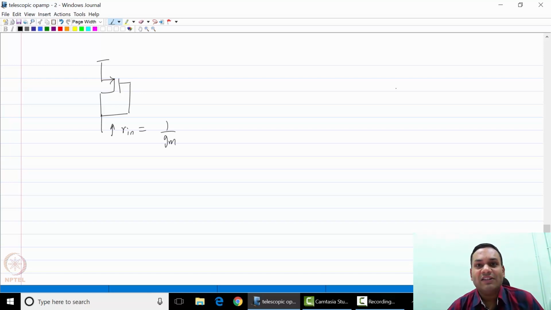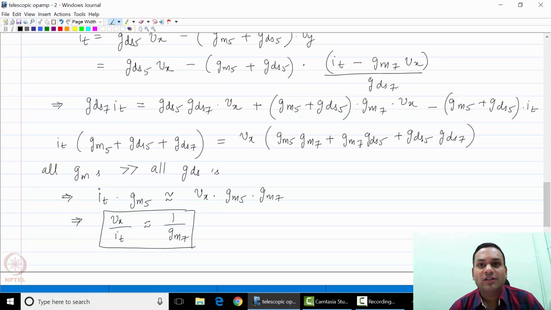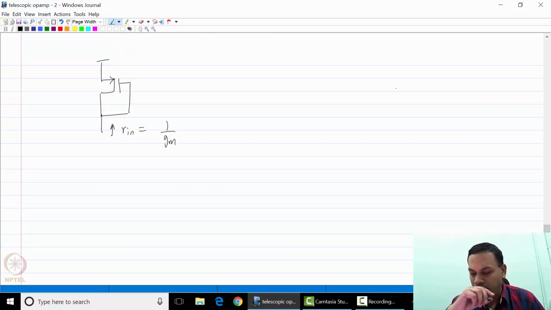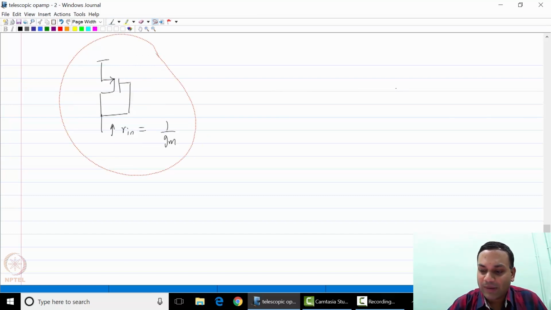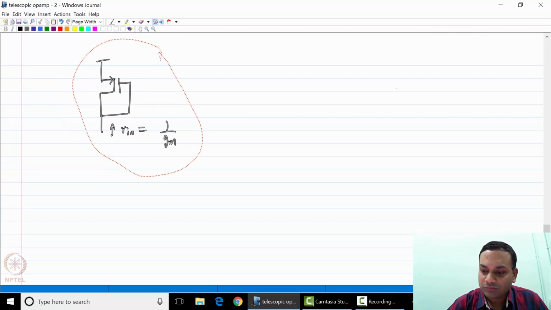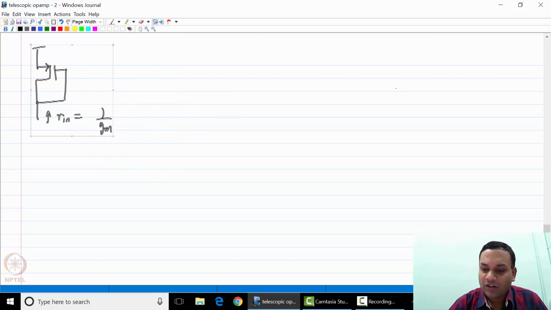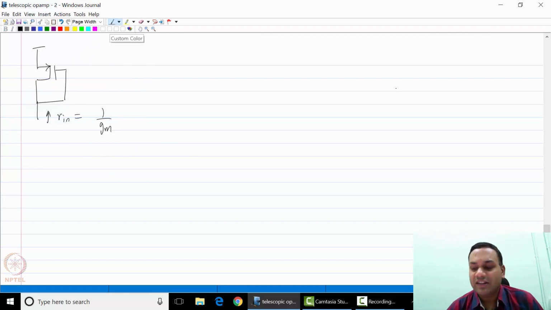It turns out that even for a cascode current mirror, this feedback action gives you an input impedance of 1 over gm7. So this simplifies the equation a lot for us, because the small signal model can now be simplified in a large manner. We will now draw the small signal equivalent circuit for the overall system.